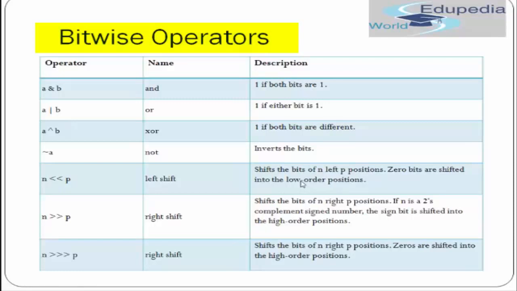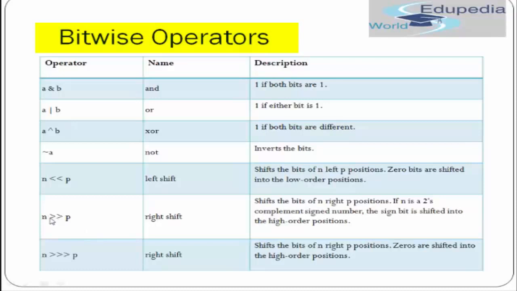So what is happening is it is shifting the bits of n left by p positions. If n is 5 and p is 2, the bit formation of 5, the formation in 0 and 1, gets shifted by 2 positions to the left-hand side. And in a right shift, the same is happening but on the right-hand side.